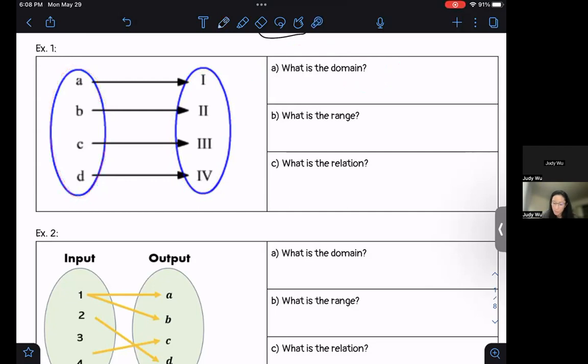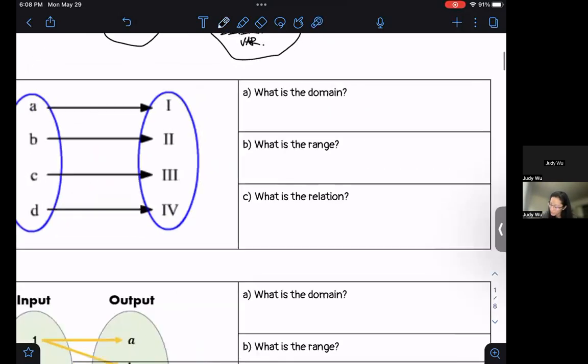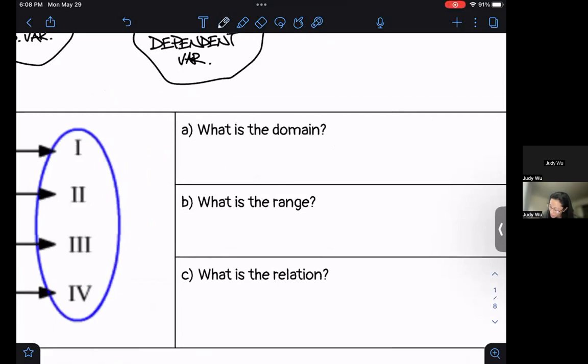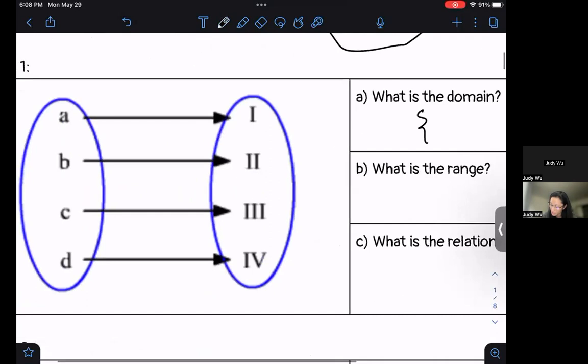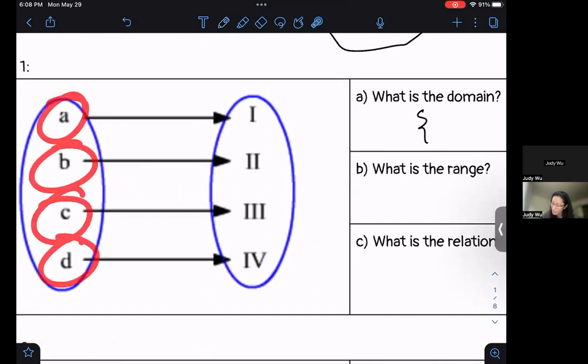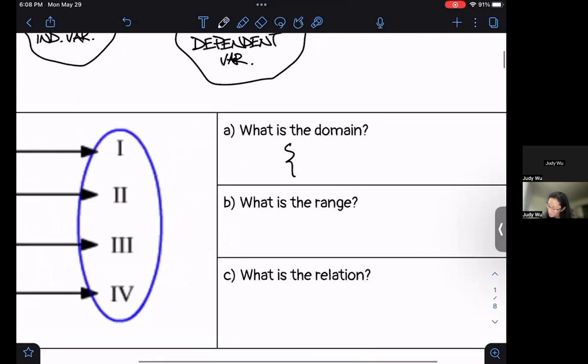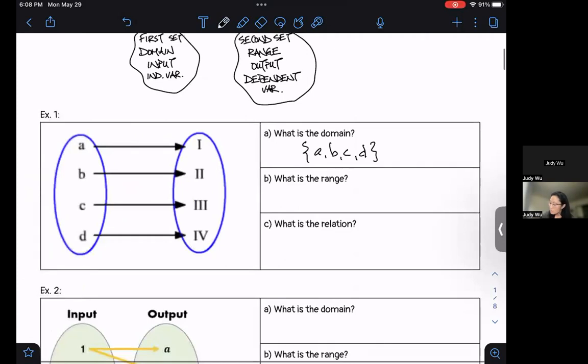And the way that we write it looks something like this. We're going to have in squiggly brackets, we'll list all the elements here. So we have A, B, C, and D. And so I'm going to go ahead and write those over here. A, comma, B, comma, C, comma, D. All right, close off the squiggly brackets, and this is my domain. All right, well, how do we find the range?